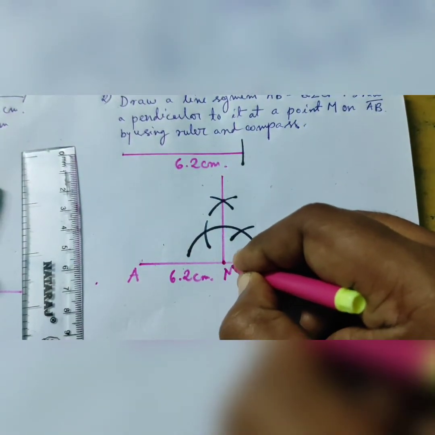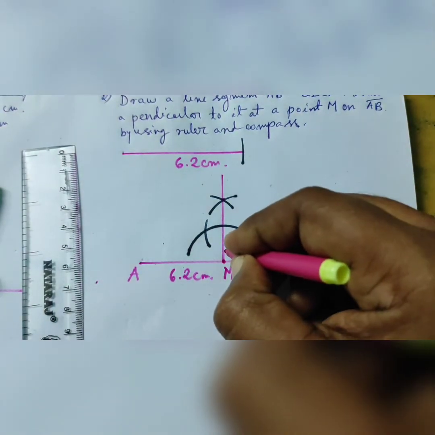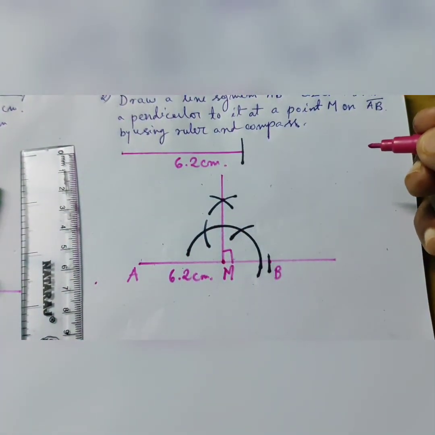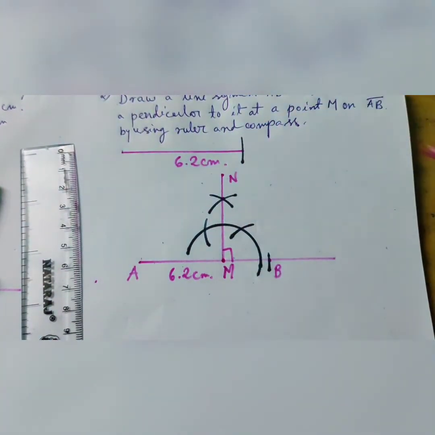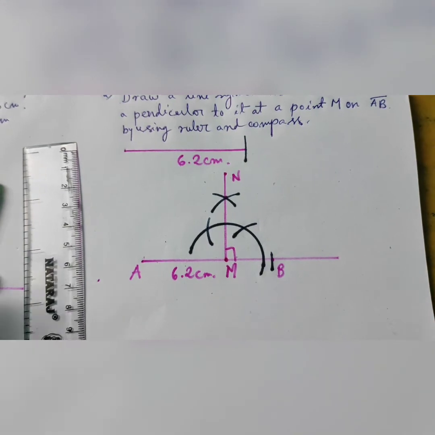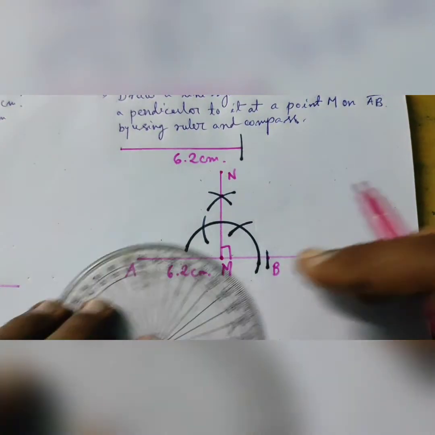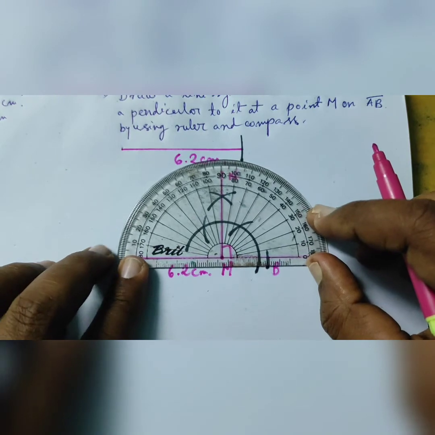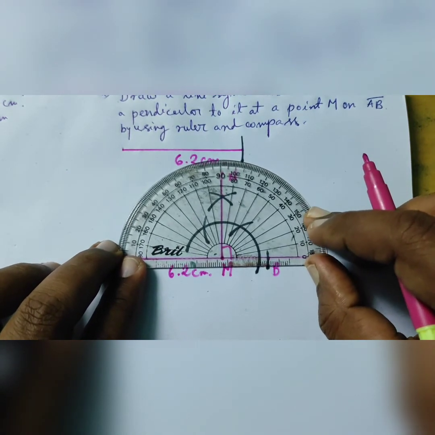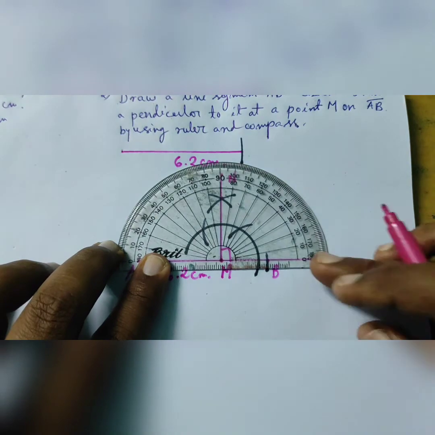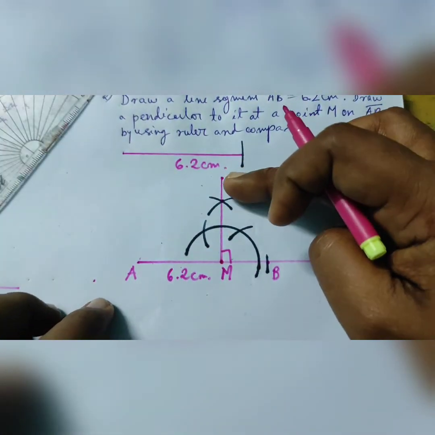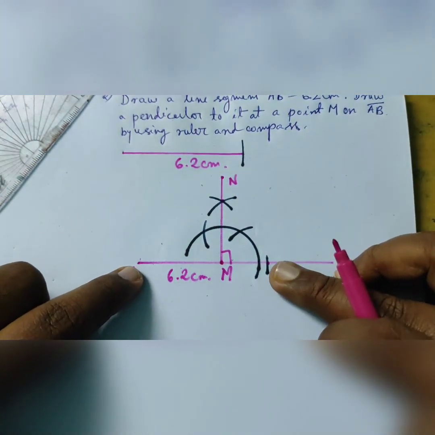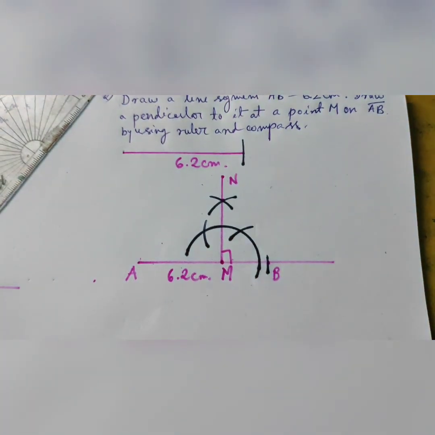The name of this point is M, and let us name this point N. So students, if you measure this angle, you will see that it is also 90-degree. This means line segment MN is perpendicular on the given line segment AB. Okay. All right. Thank you.